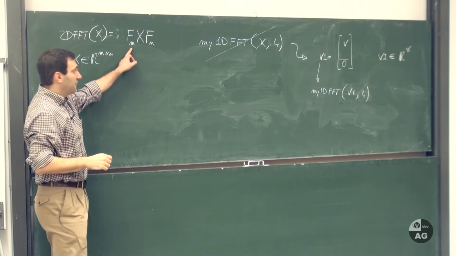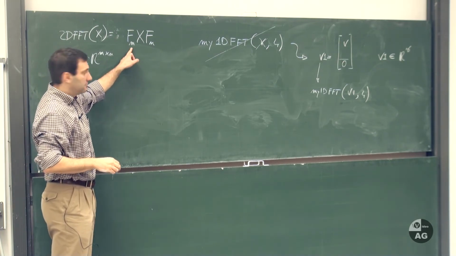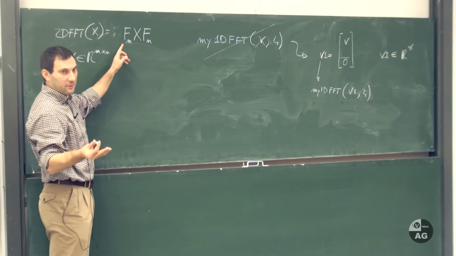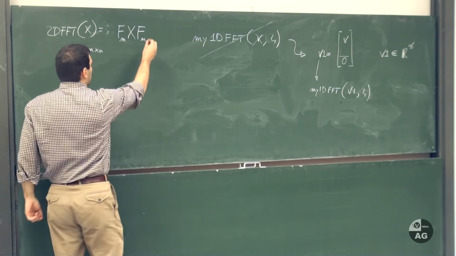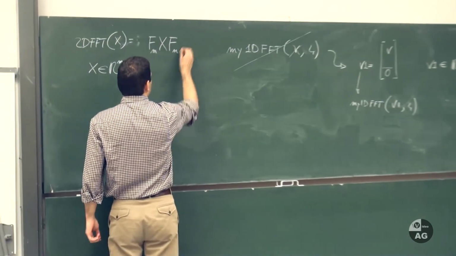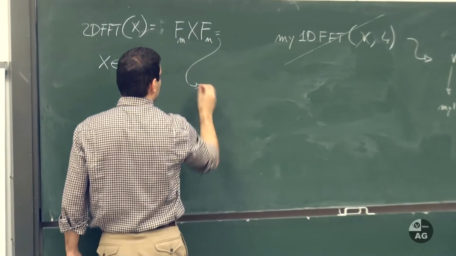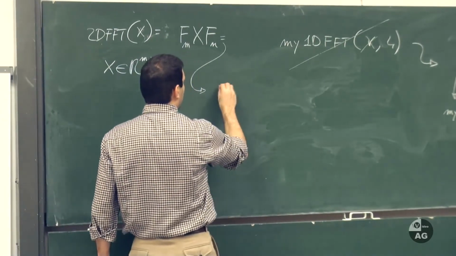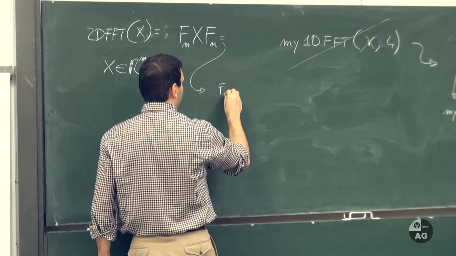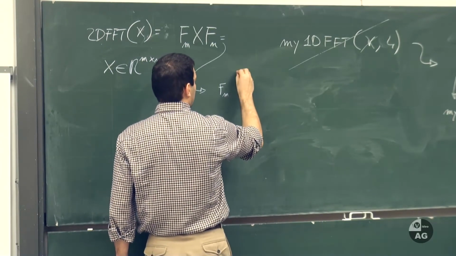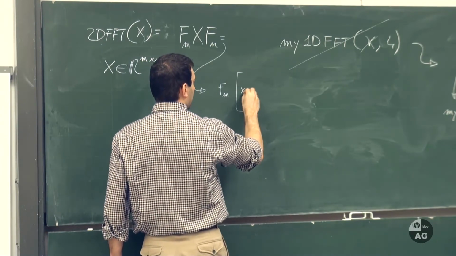Okay, this F is the 1D FFT, is the Fourier matrix. So if we look at this, let's go here, we can write X as a collection of columns.